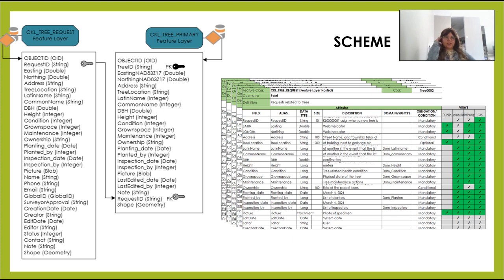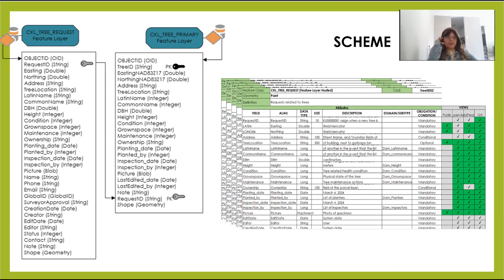Okay, the schema. As you can see, we have designed several tables to efficiently handle urban tree data. The main tables are tree primary and tree requests. Tree primary stores detailed information about each tree, and tree request manages tree requests made by the public.